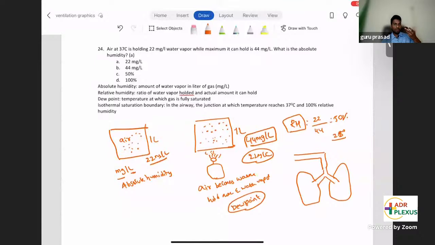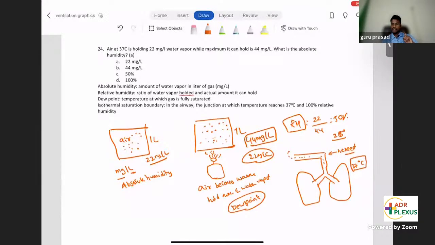Once we are breathing in air, once it is passing through our nose, turbinates, and going down, two things will happen to the air. One thing is, it is gradually heated to our body temperature. Even in an AC room, if you are breathing in air, by the time it reaches the lungs, it will become 37 degrees centigrade.